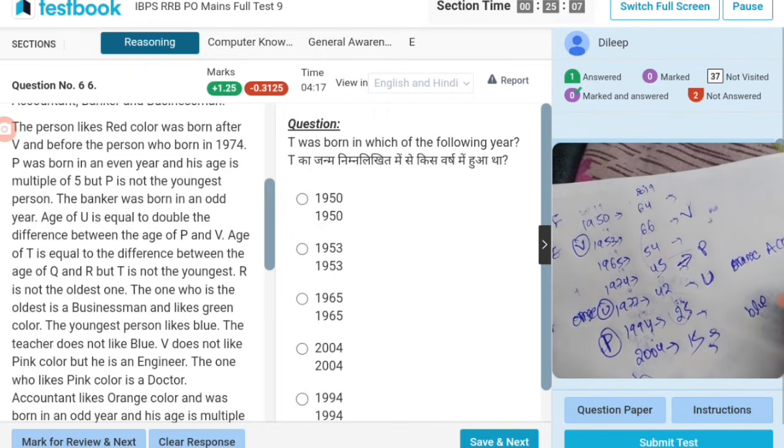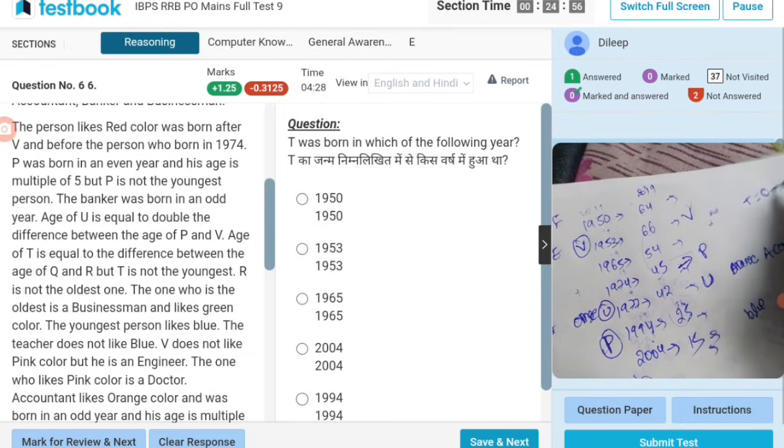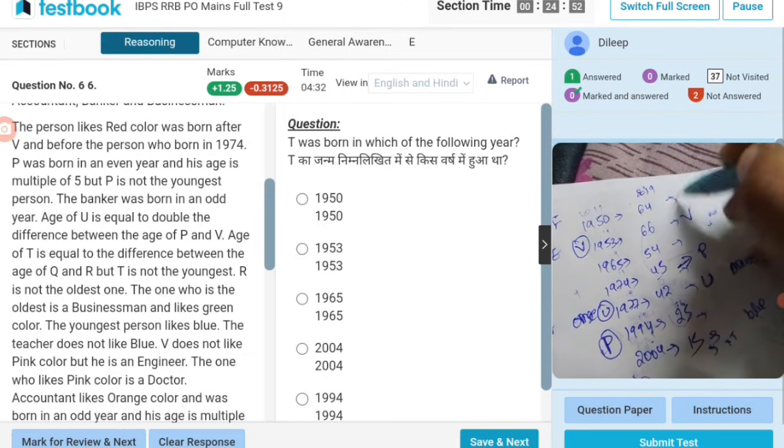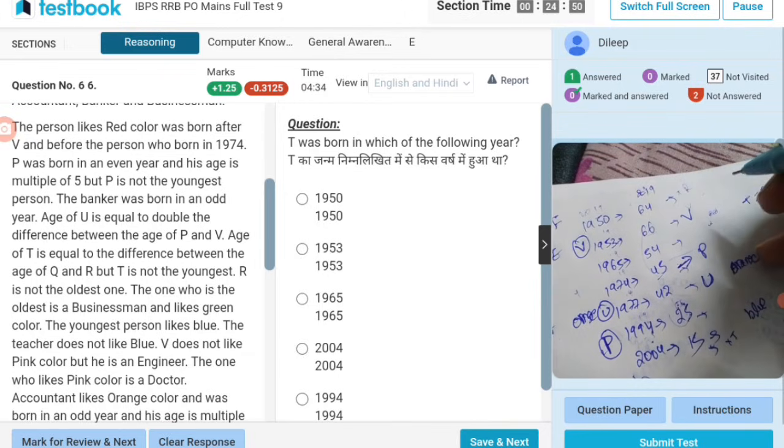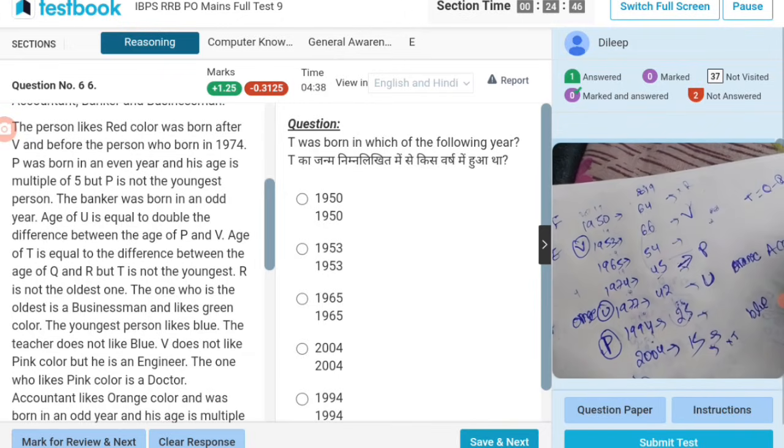Next one. T is equal to the difference between Q and R. T is not the youngest and R is not the best. Next. Businessman green.